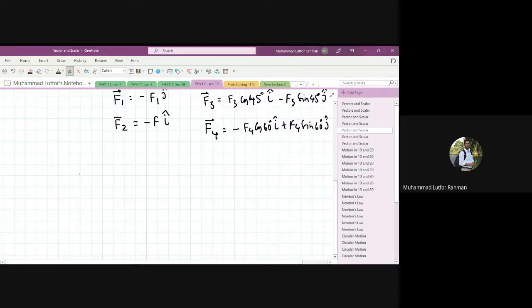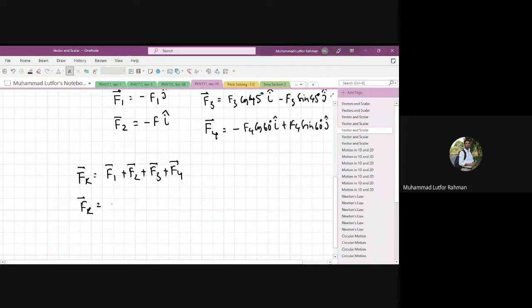Now, what would be my resultant force? Resultant force would be basically the sum of this F1 plus F2 plus F3 plus F4. If I add them all together, just plug in the numbers over here. I hope you can do that.